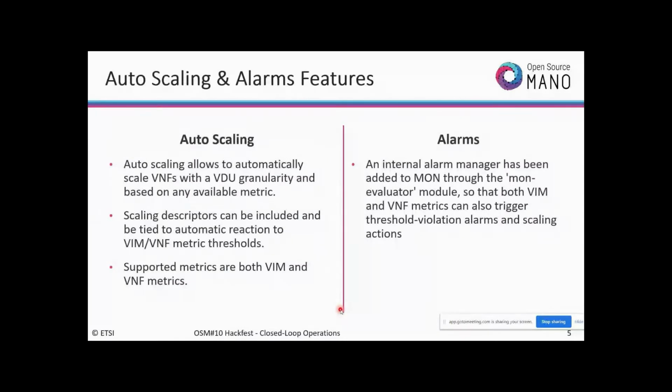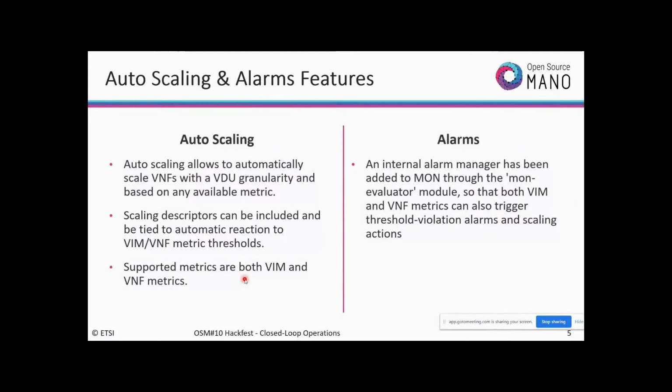So the first module is the MON evaluator. It takes the alarm information or the rules that are there, like if this is my threshold and if it crosses the threshold, this kind of action I have to take. So this is a rule.